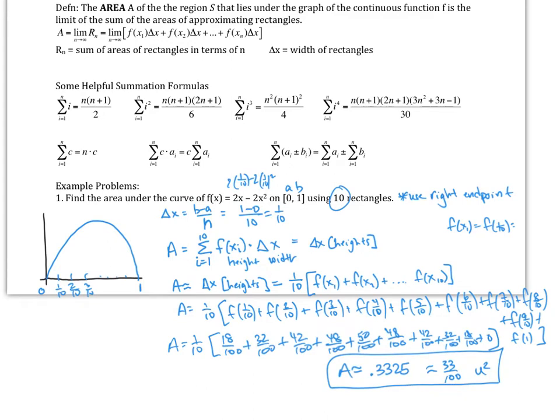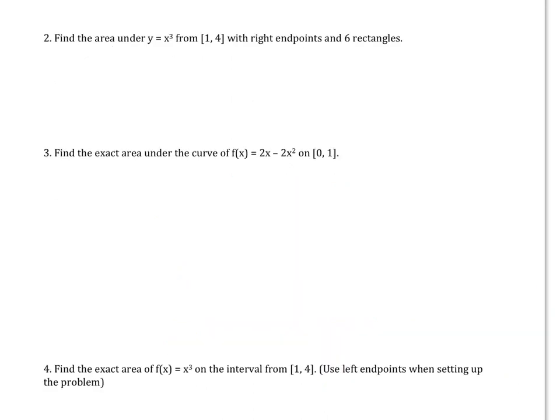All right, let's see what we got next. All right, for this next problem, it says find the area under the curve of y equals x cubed from 1 to 4, and then we are asking for right endpoints and 6 rectangles. Quickly sketching out the curve, we end up with this situation.